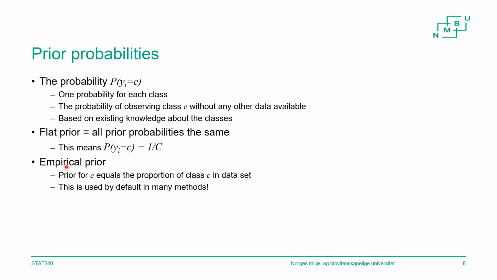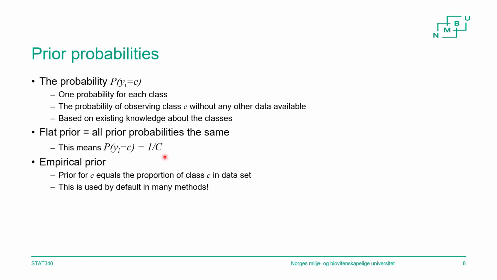And this is actually the empirical prior, the proportion of each class in your current data set. And this is very typically used by default in many methods. So be aware. I mean, you may have a data set which is very skewed, right? You haven't sampled an equal amount of all classes, or the correct proportion of each class. Your data set can easily be skewed. And this will then be a bad prior unless you override it.